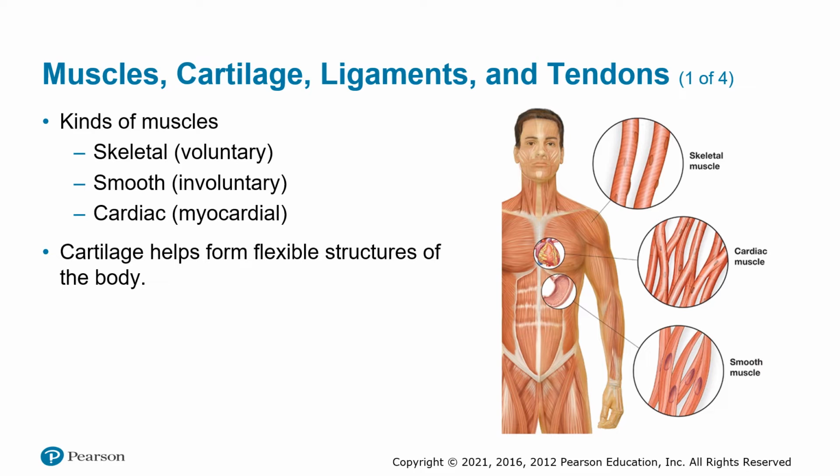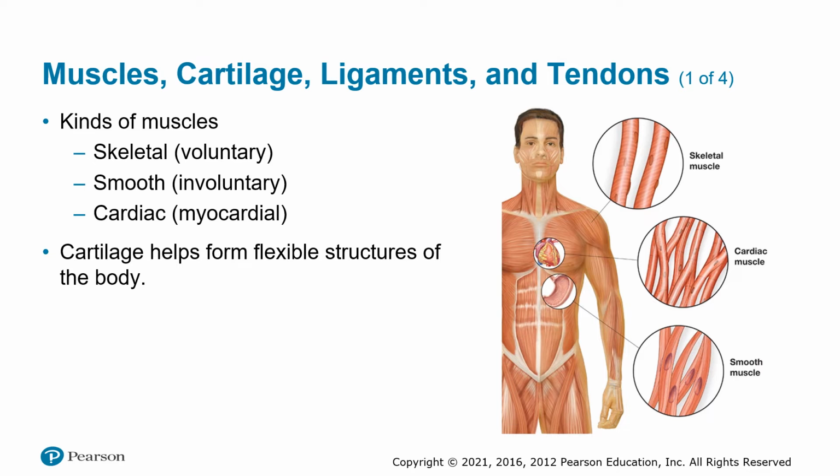Muscles. So we have three different kinds of muscles. We have the skeletal, which is voluntary, the smooth, which is involuntary, and the cardiac, which is myocardial. The cardiac is obviously in the heart. Smooth muscle is all of those digestive system muscles that allow the digestive system to work.